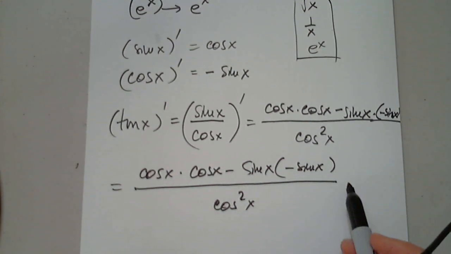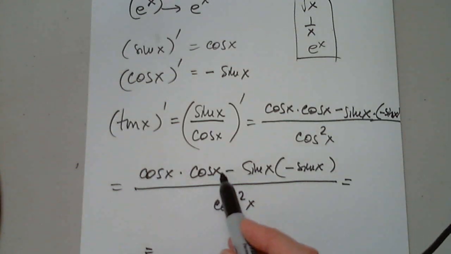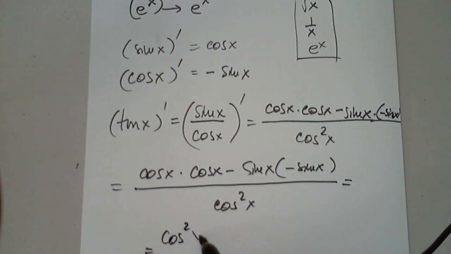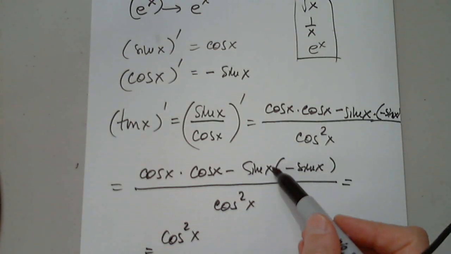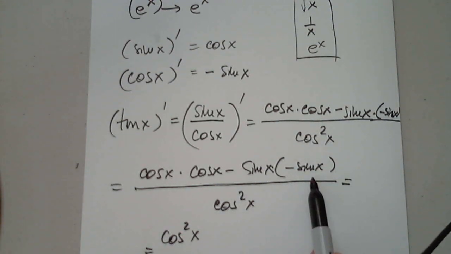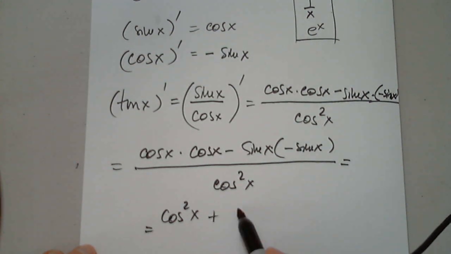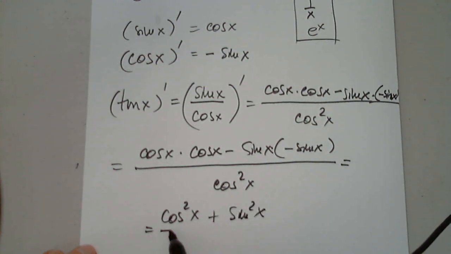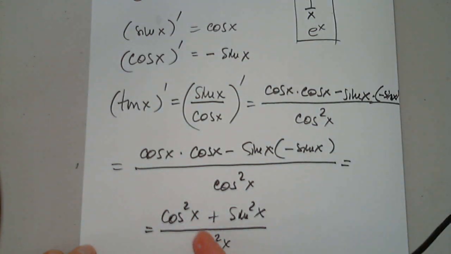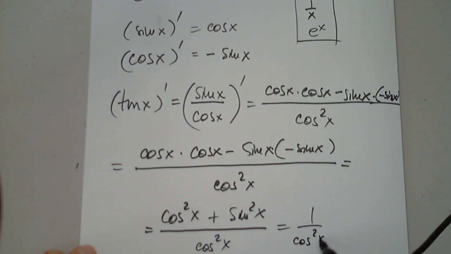So now I will try to simplify it. I see cosine squared here, and negative sine x times negative sine x gives us plus sine squared x. Anyone remember the most important trig identity? Sine squared plus cosine squared is 1. So 1 over cosine squared.